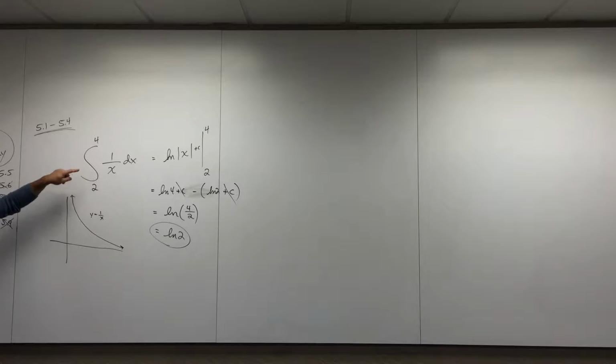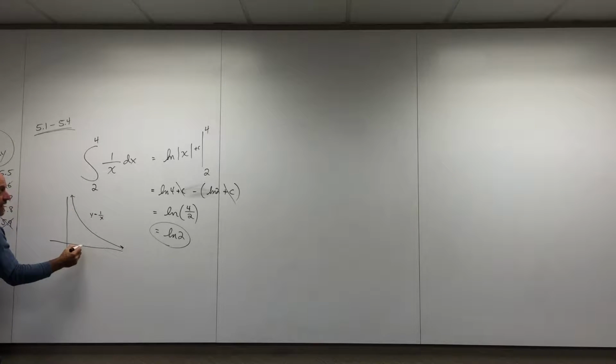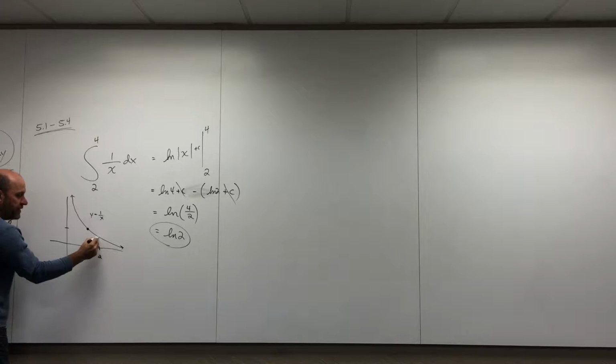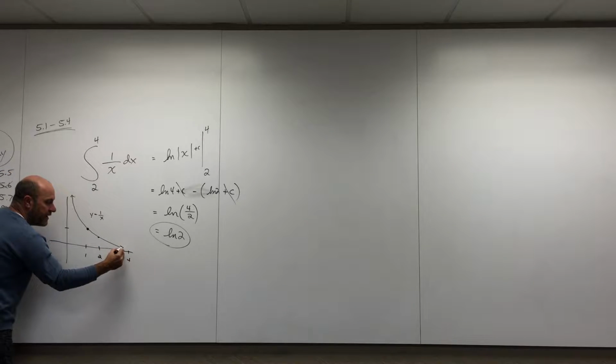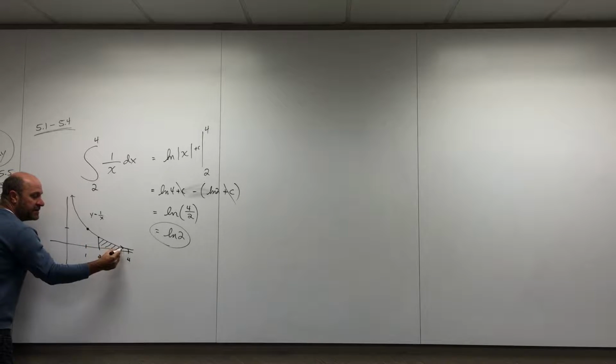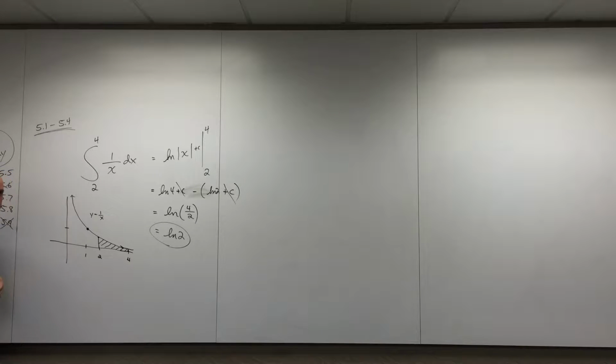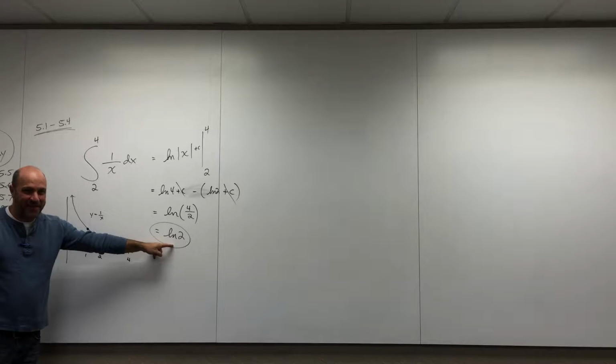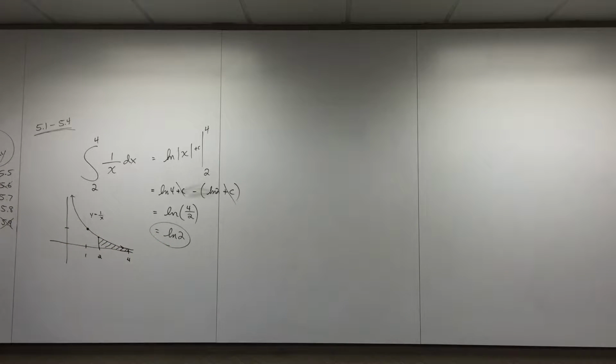It's this curve, and I'm integrating from 2 to 4. 1 is a point, so 2 and 4 might be way down here. I found this area under the curve, down to the x-axis, whatever that number is.